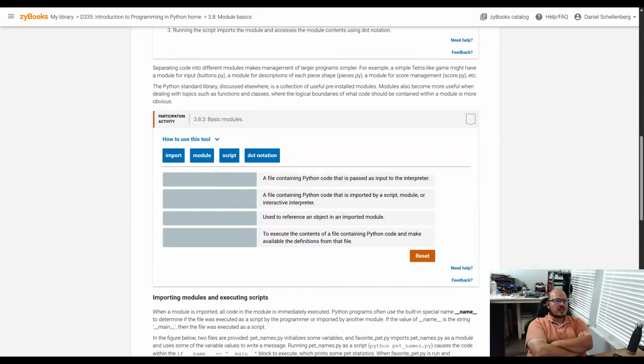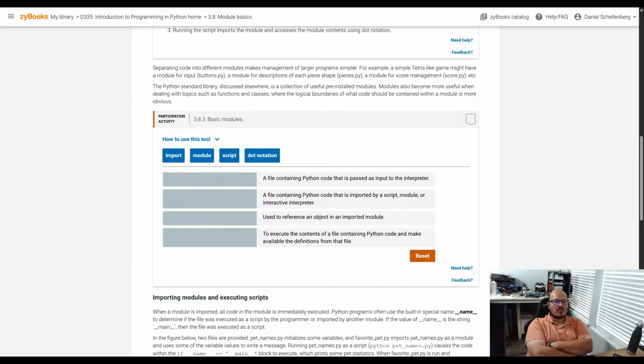Separating code into different modules makes management of larger programs simpler. For example, a simple Tetris-like game might have a module for input, buttons.py, a module for descriptions of each piece shape, pieces, a module for score management, score, etc. The Python standard library discussed elsewhere is a collection of useful pre-installed modules.